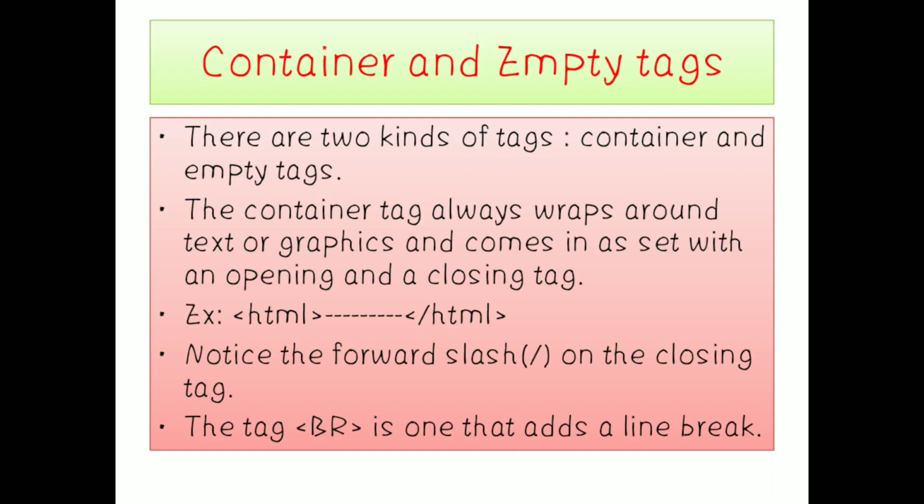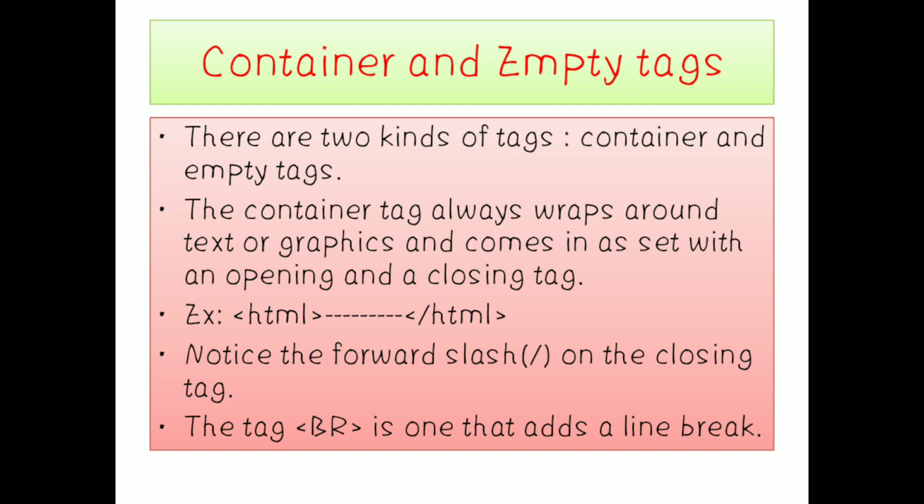Next, coming to tags, I said that this particular HTML coding depends upon the tags. So there are two types of tags, container tags and empty tags. So let us see what a container tag is.